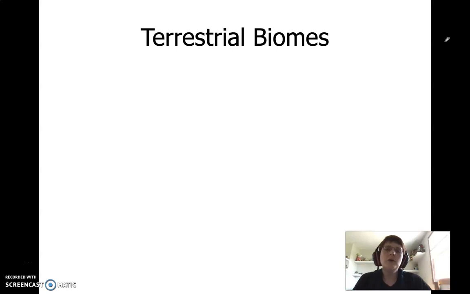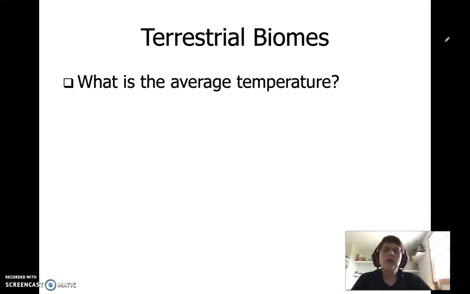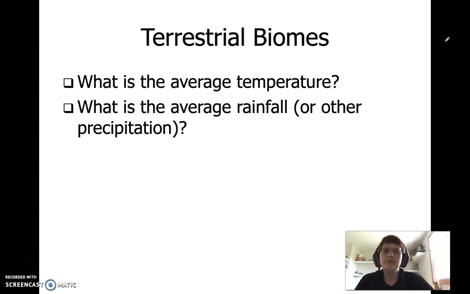So we're going to focus on terrestrial biomes, so the land biomes. And what we look at for these biomes and what influences what can grow there and what can live there are things like the average temperature. So we will look at what is the average temperature year-round in an area. And we'll also look at the average rainfall or precipitation. Why do we have to say precipitation?